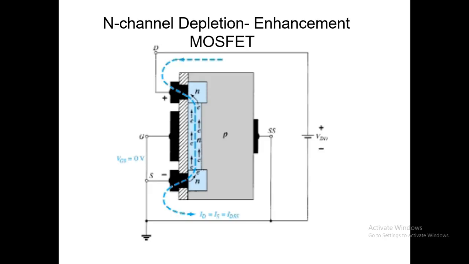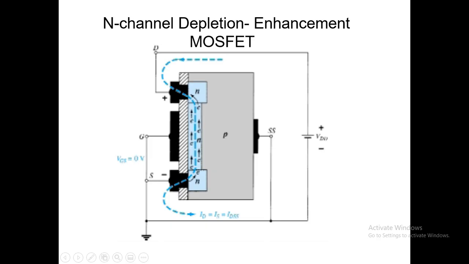So this is the operation. First, we are giving the voltage across the drain and source. We have to apply the power voltage, or the input voltage, across drain and source, that is VDS is applied, and the gate source voltage is 0. During that condition, there will be some flow of current from the positive terminal to the negative terminal, that is from drain to source.